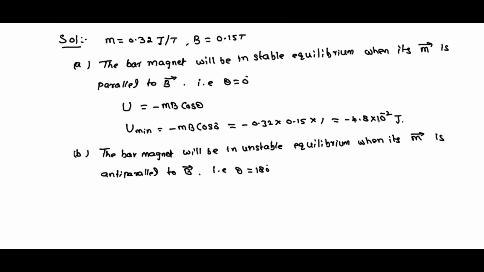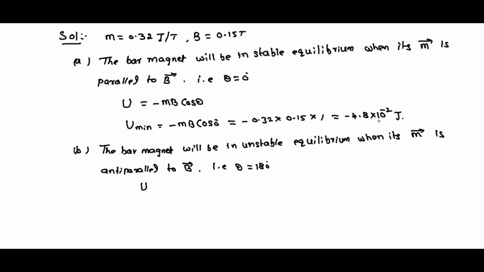While coming to the potential energy, U is equal to minus mB cos theta. So U should be maximum for unstable equilibrium. So minus mB cos of 180 degrees, that is equal to minus 0.32 into 0.15.